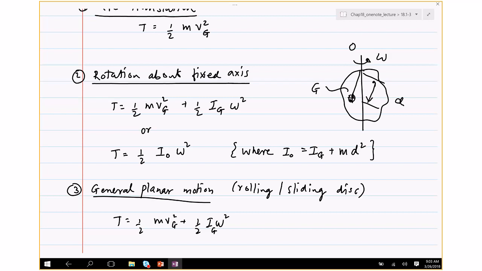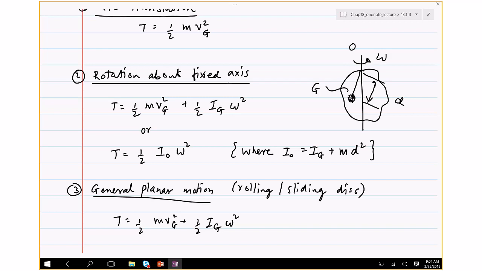So this is actually the generic formula to find the kinetic energy for a rigid body. The fixed-axis one is a special case when the axis is fixed. Do not use that formula for this case. There are certain conditions under which it is true, like for a rolling disk, but it's not generally true. So you're better off always using this formula, and those other formulas are special cases of this particular formula.